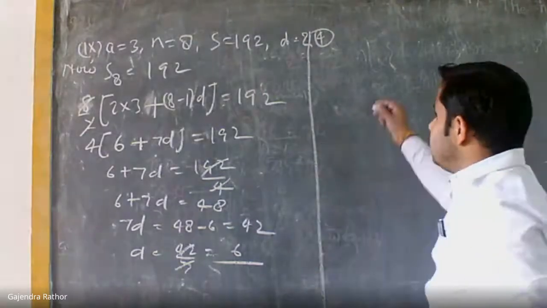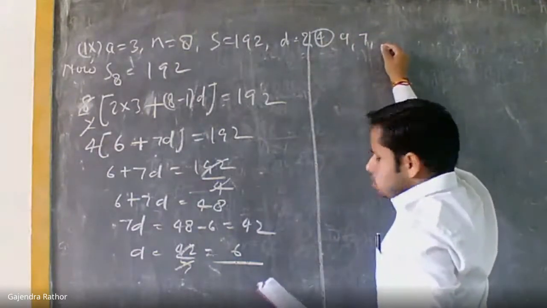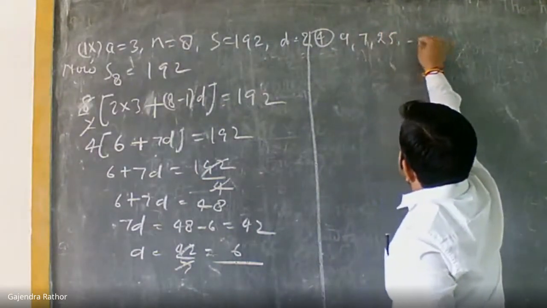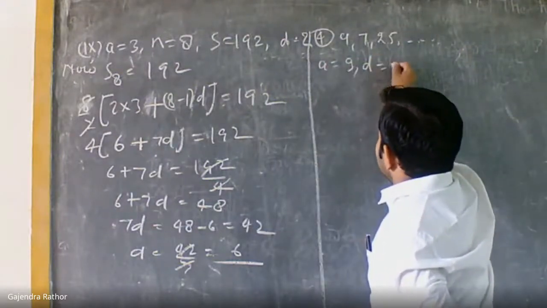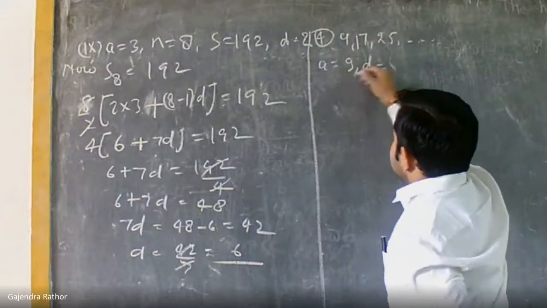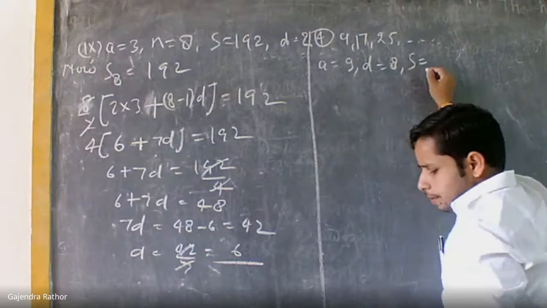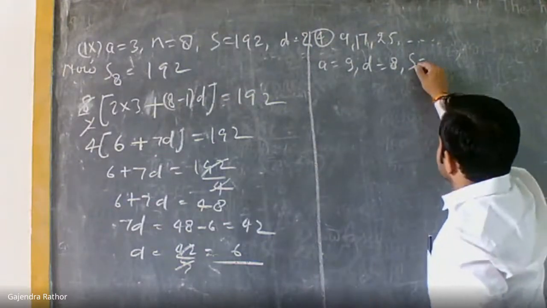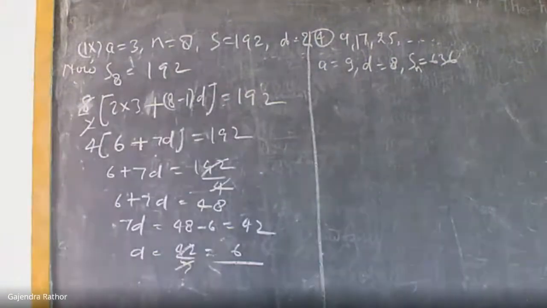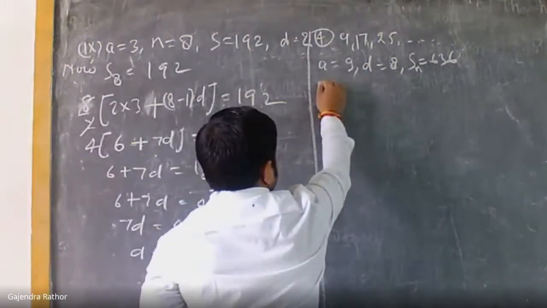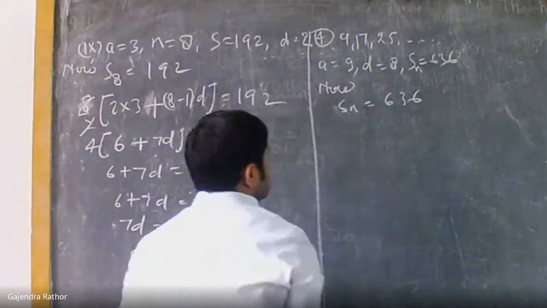Okay, first write the AP: 9, 17, 25, and so on. Here a equal to 9, d equal to 17 minus 9, which is 8, and the sum is given, 636. Okay, so now s n is equal to 636.